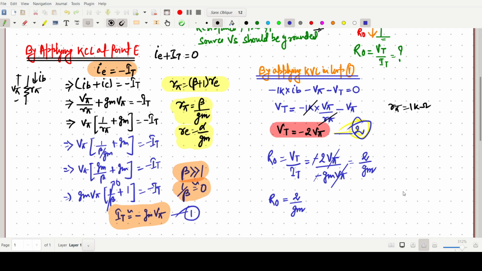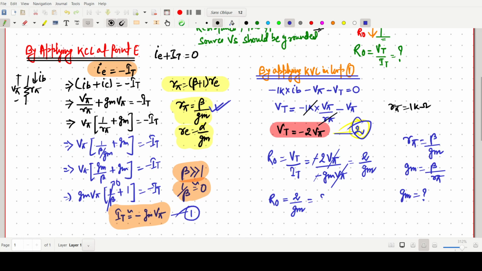Now we have to find the Gm value. In our question the formula is also given: R pi equals beta by Gm. Beta is given, R pi is given, so Gm will be beta by R pi.